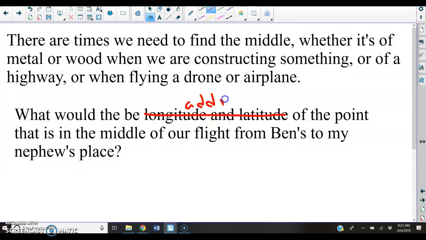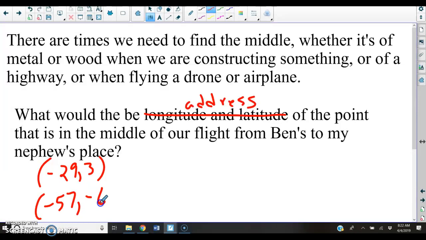The address of the point that is in the middle of our flight from Ben's place to my nephew's place. Okay, so what's in the middle of negative 29, 3 and negative 57, negative 60.5?